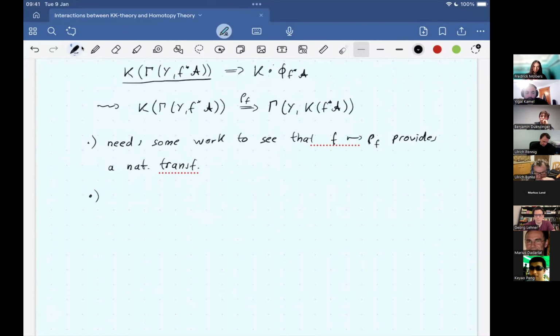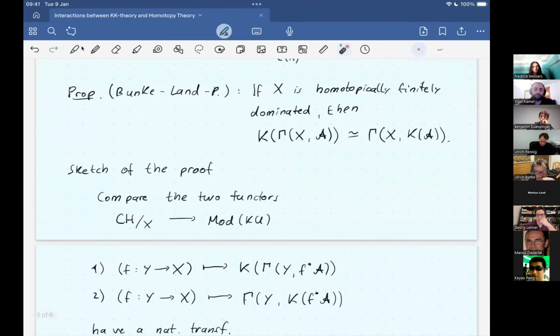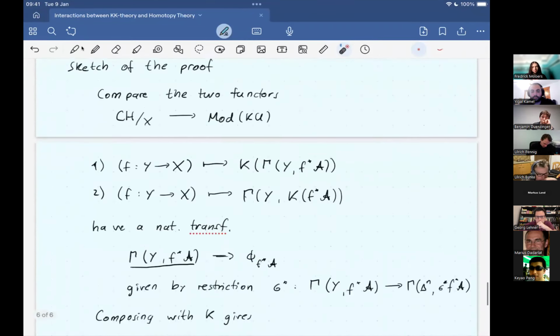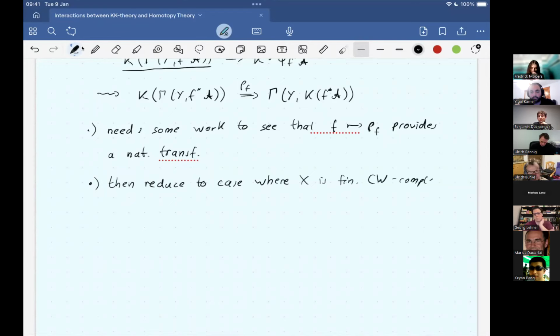But what one then can do is use this tameness assumption on X and reduce everything to the case where X itself is a CW complex and run an argument by induction over cells, using cell decomposition.